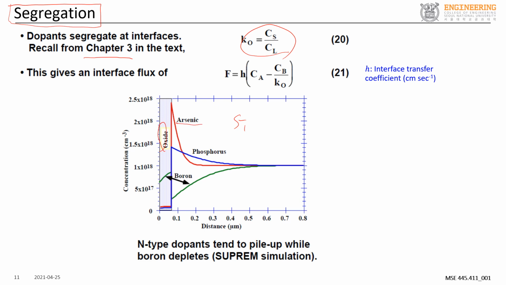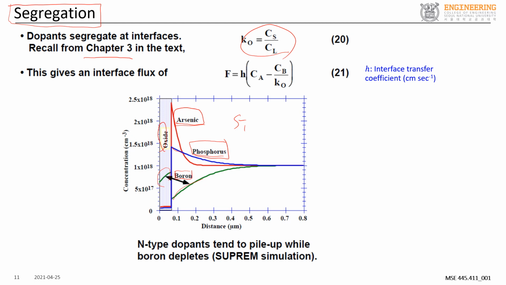And you can see that for different dopants, you will get different segregation behavior. For arsenic and phosphorus, they want to stay in the silicon. That's why you see these peaks in the silicon. But for boron, it gets depleted in the silicon and goes into the oxide. So boron likes oxide.